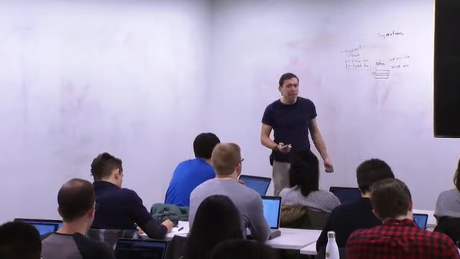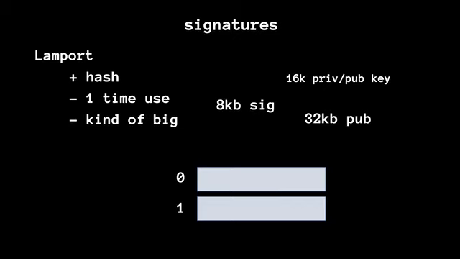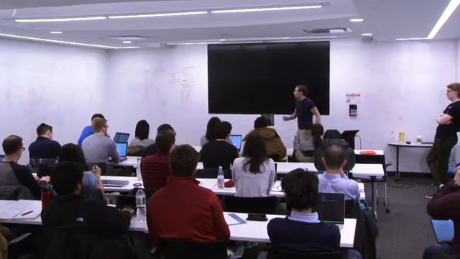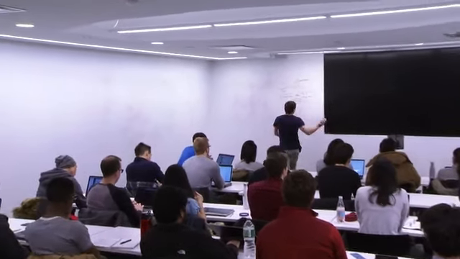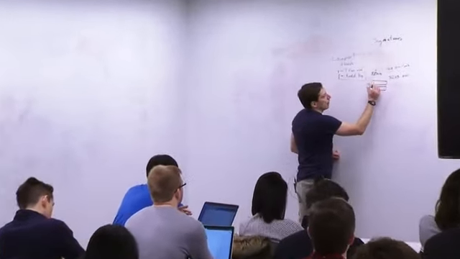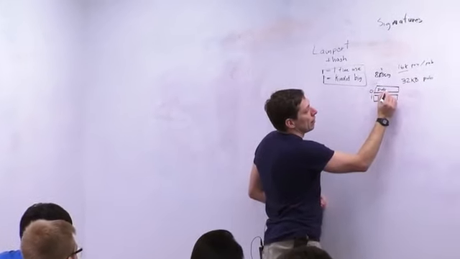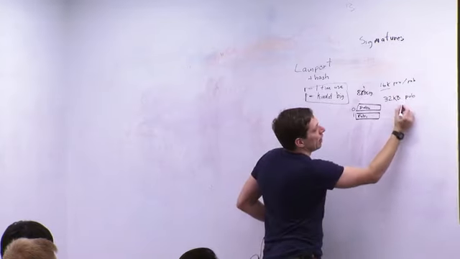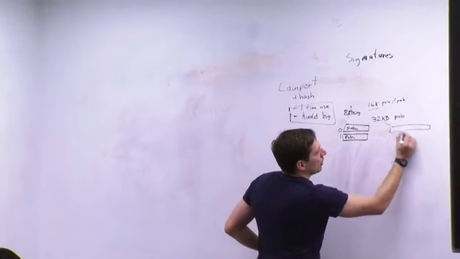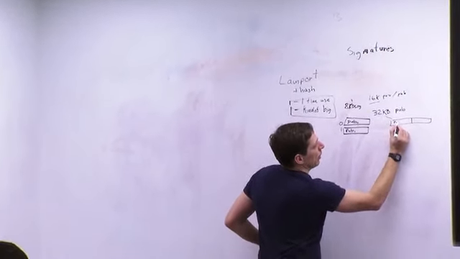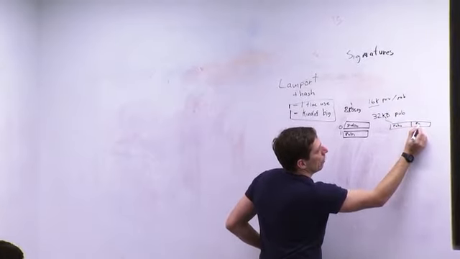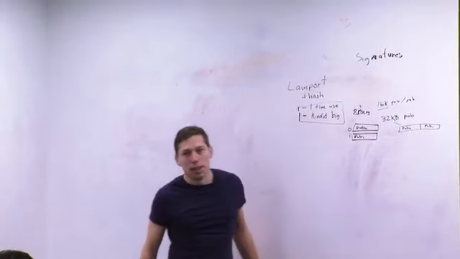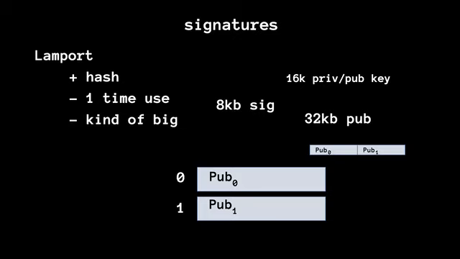Any clever ways to do it more efficiently? I'll give you a hint. Let's say this is pub sub 0 and pub sub 1, and your 32 kilobyte public key is just them concatenated together, pub 0, pub 1. What would happen to the private keys in this case?